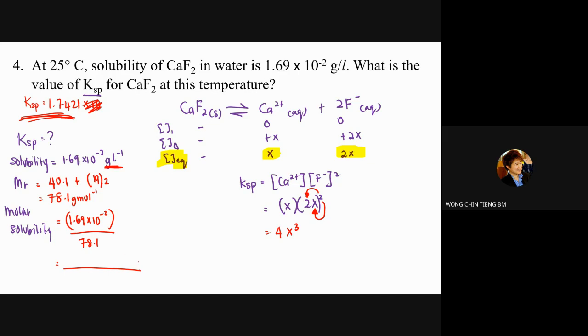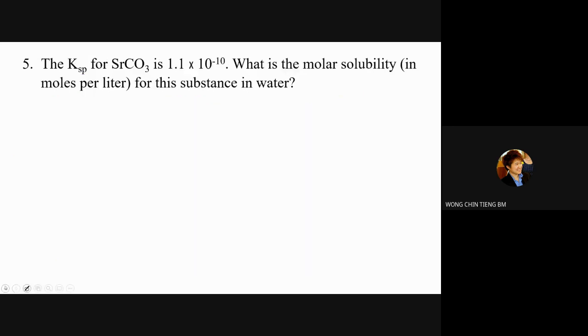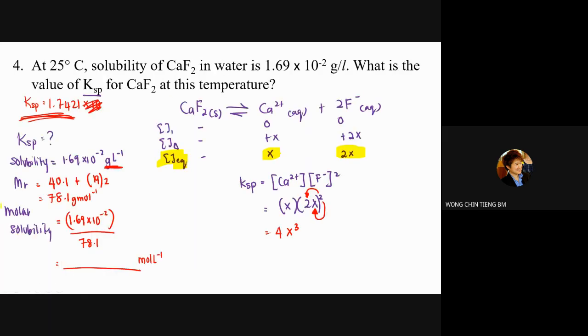Okay, my question. This is the X that you will get in mole per liter. Betul? And saya dah bagi jawapan. Sebenarnya saya nak tanya. Okay, that is your molar solubility. And like we say, molar solubility over here is the X. Dan hanya molar solubility yang boleh masuk dalam KSP. Boleh? And Zul, sekali lagi.